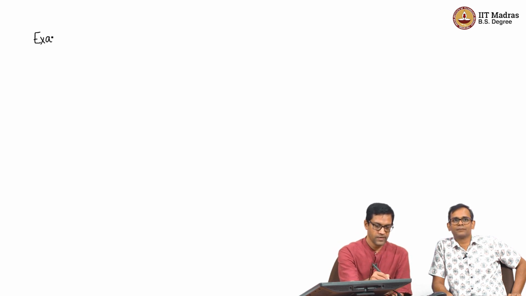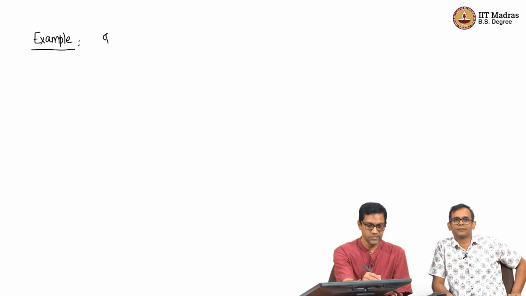Okay. Now let's just warm up and see if we can manipulate this definition in some reasonable way. So here's an example just to see if we can work with this definition. So suppose you're given that a divides b.